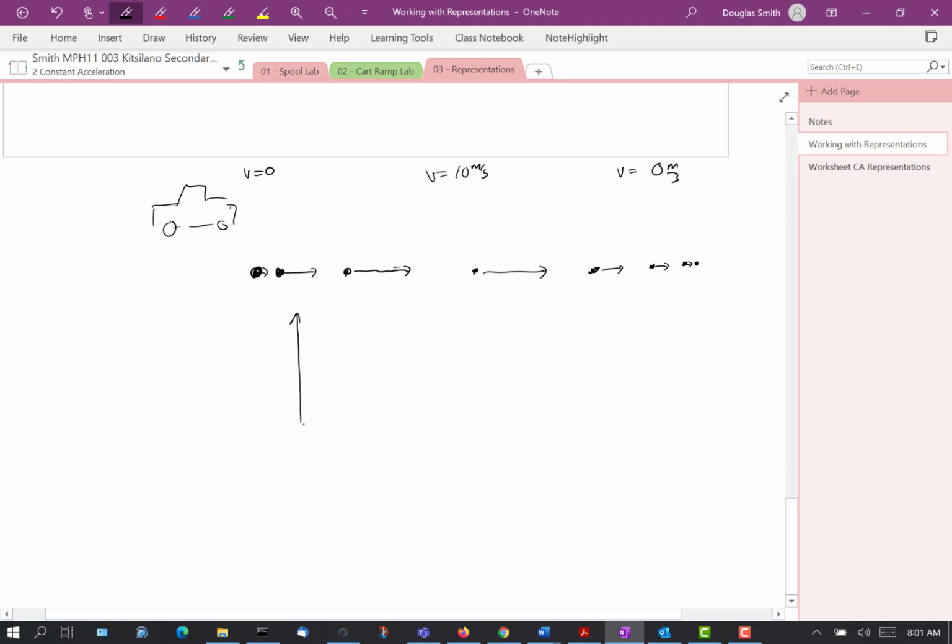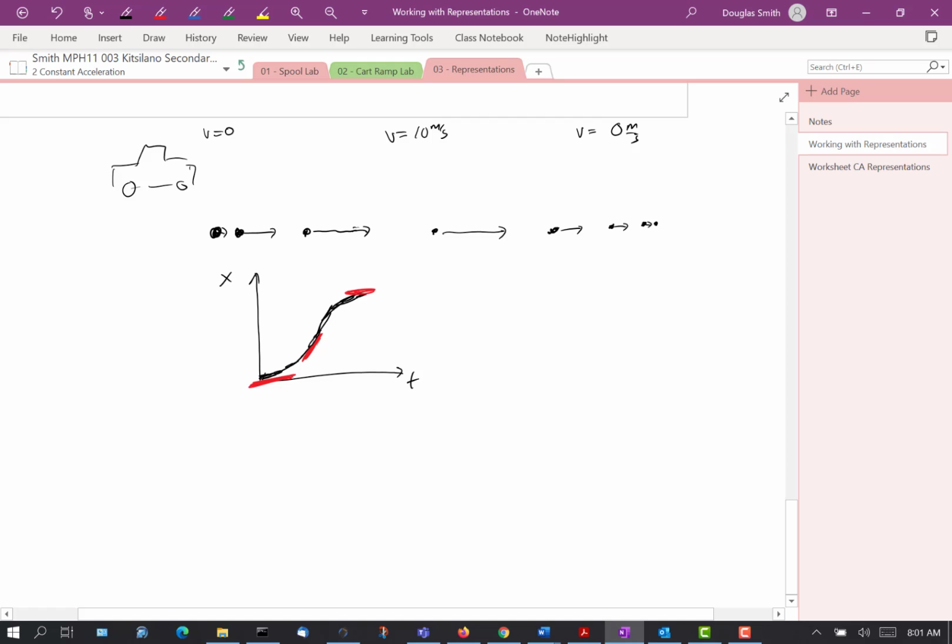Position time graph would look like, speeding up, and nope, sorry, goes like this. It's speeding up, then slows down. That's the position time graph for this particular motion. You can tell because the starting slope is 0, because the starting velocity is 0, it speeds up, but eventually it slows down again to 0. So that's the position time graph.